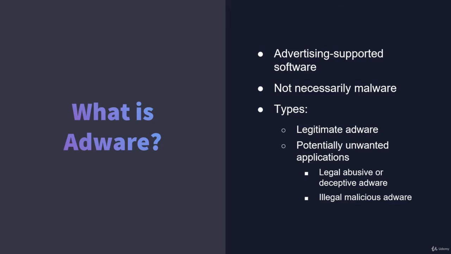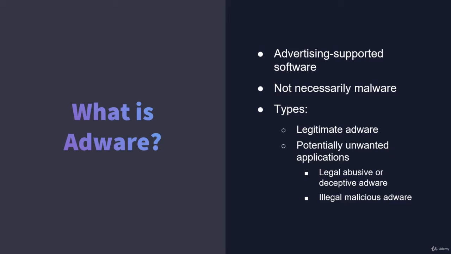First, we have legal but abusive or deceptive adware. This type of adware might make it difficult for the user to opt out of installing additional software. Also, in this category we might have adware which displays ads that might redirect to malicious websites. In these cases, the creator of the adware might not be aware of the malicious third-party ads.